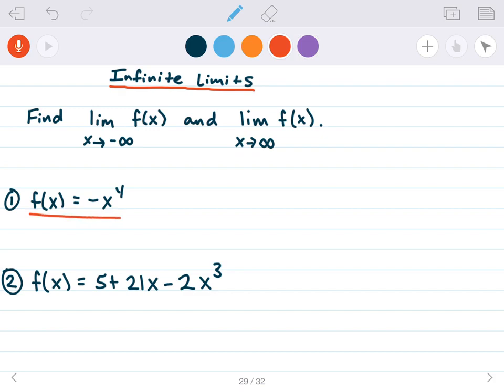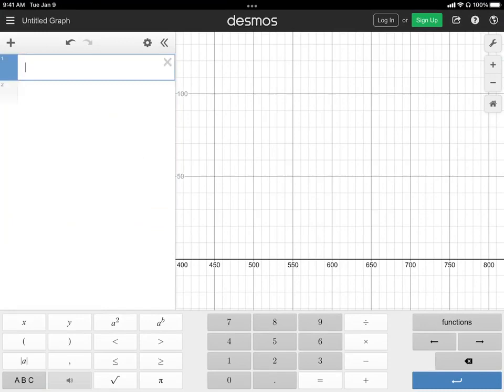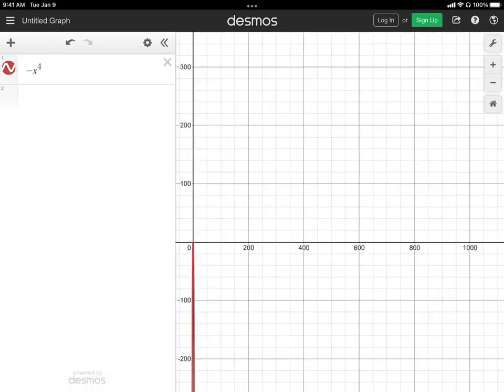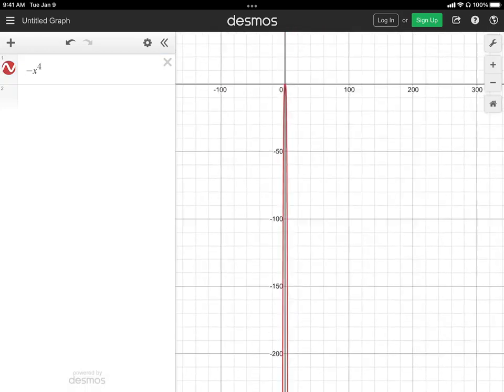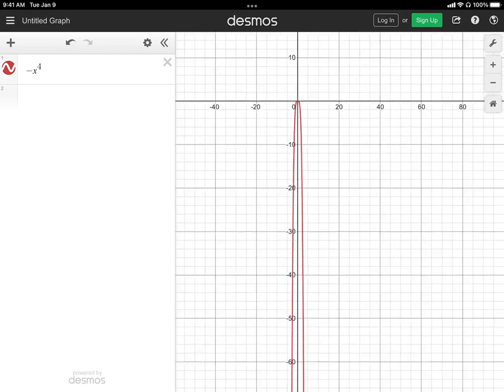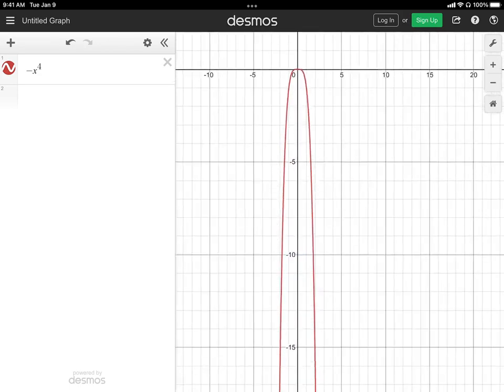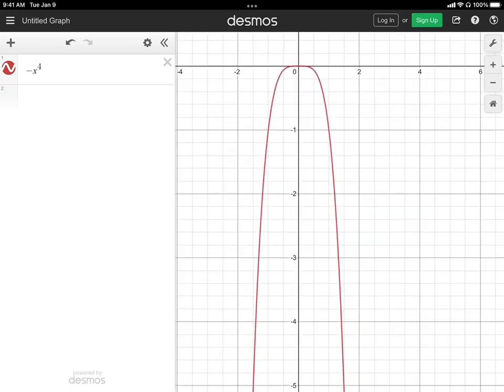And I'm just going to put this in Desmos and look at the graph. So we have negative x to the fourth. So there's our graph right here. So the first one is as x gets closer and closer to negative infinity.